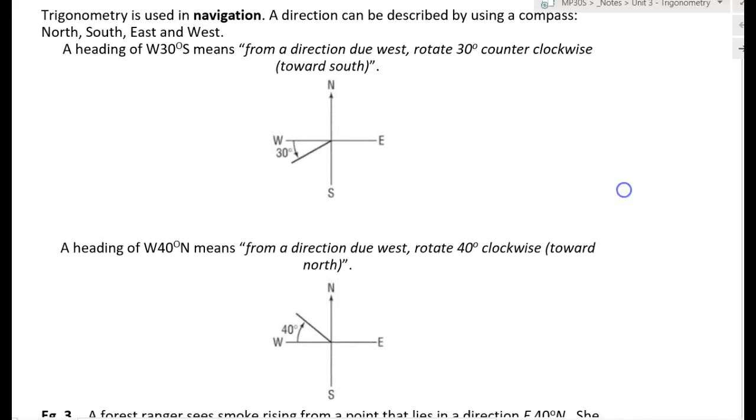We can also use these standard position measurements for navigation. So a direction can be described by using a compass comparing north, south, east, and west. So a heading of west and then 30 degrees south means that we're measuring 30 degrees south from west.